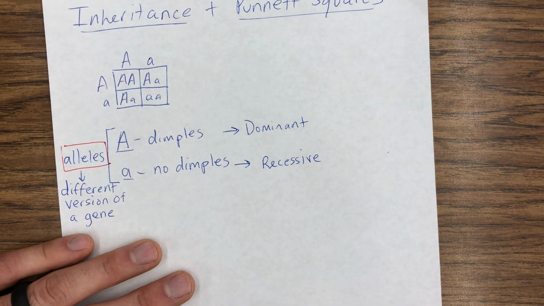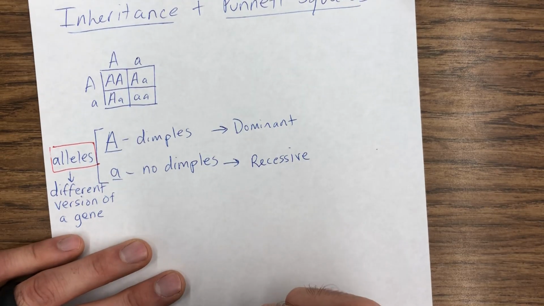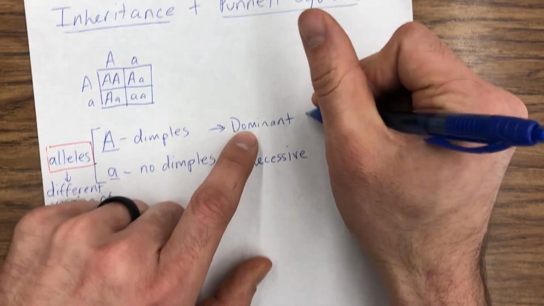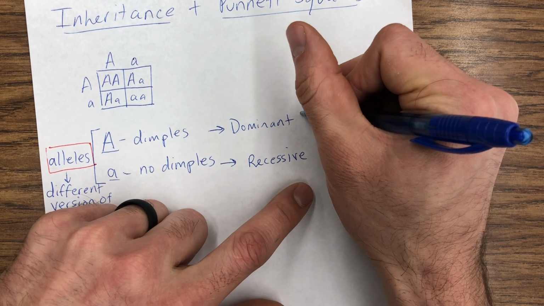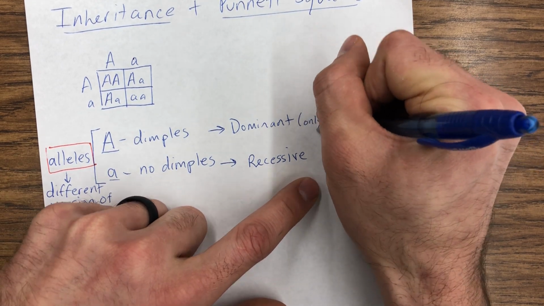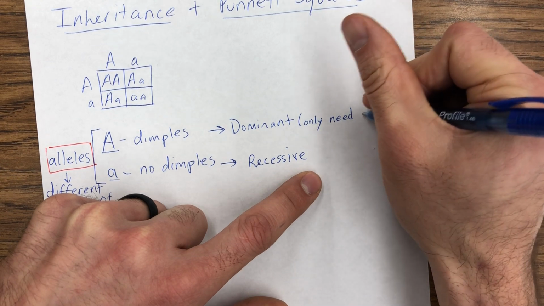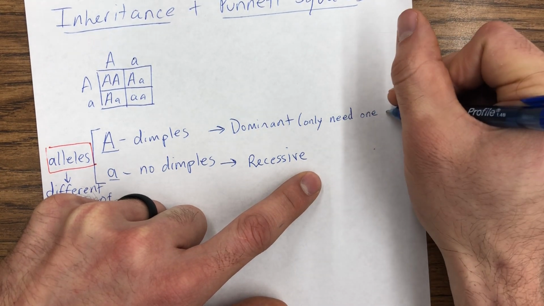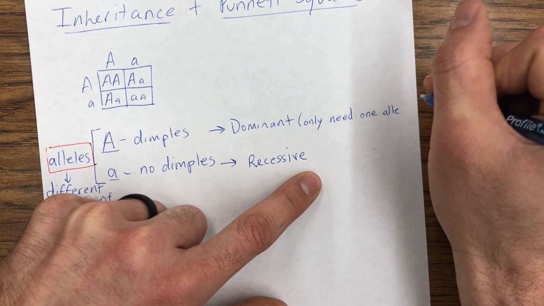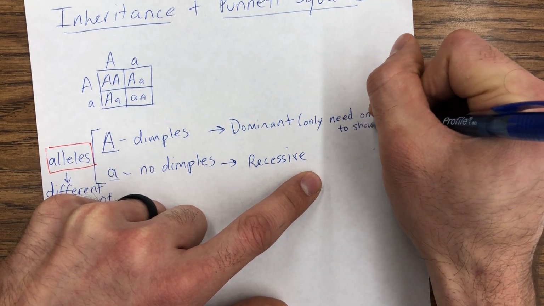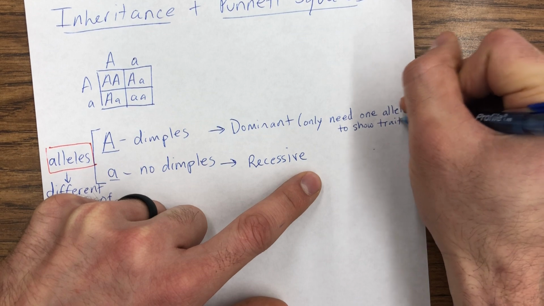What that means, and we'll get to this a little bit later, is that if it's a dominant allele, a capital letter, you only need one dominant allele to show that trait.